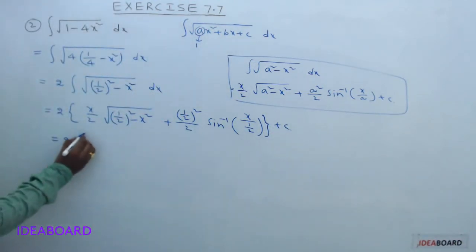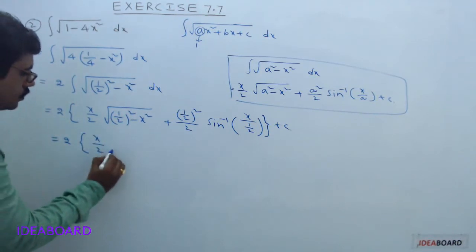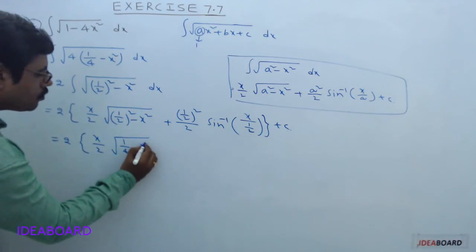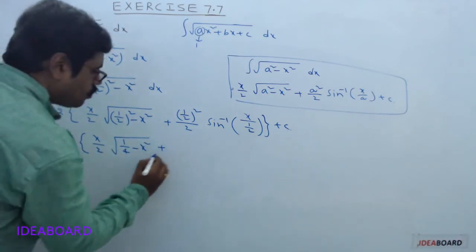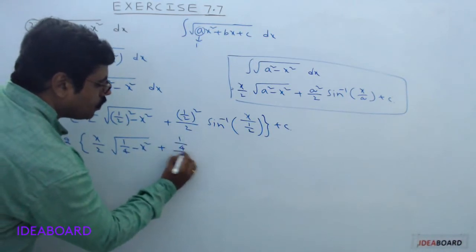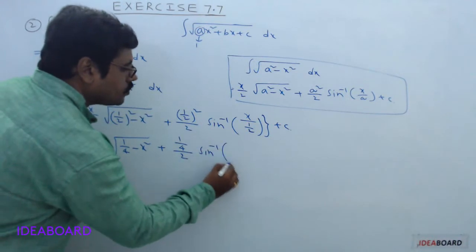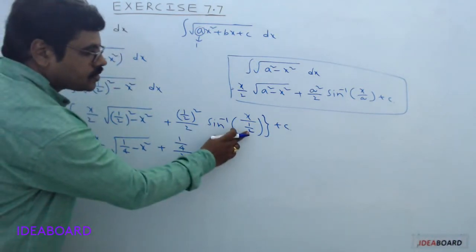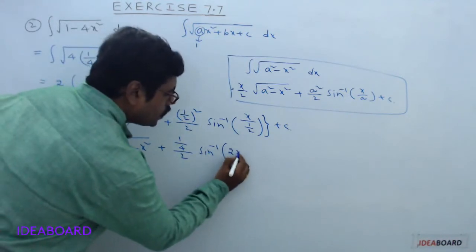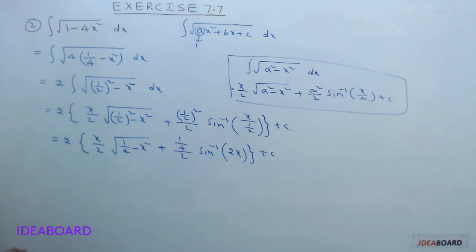Now it is 2 into x by 2 into square root of 1 by 4 minus x square, plus 1 by 2 whole square, that is 1 by 4, divided by 2, into sine inverse of, here this constant 2 will be transferred to the numerator, so it is 2x, plus a constant c.